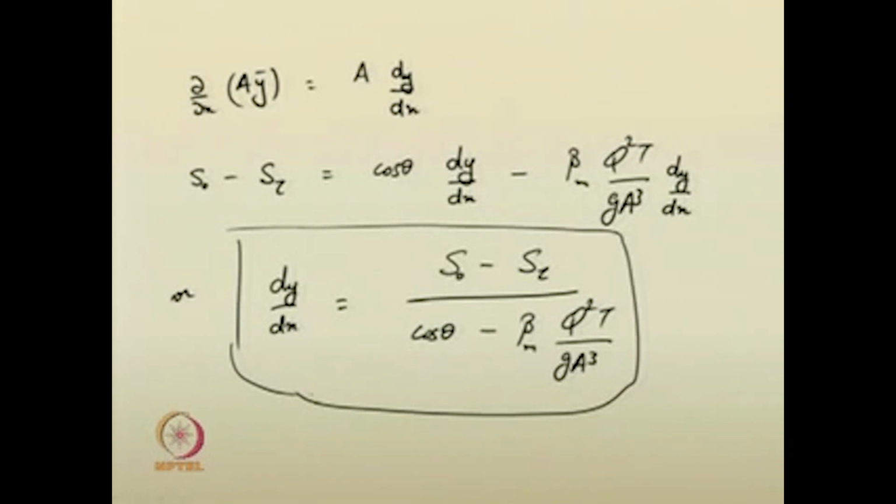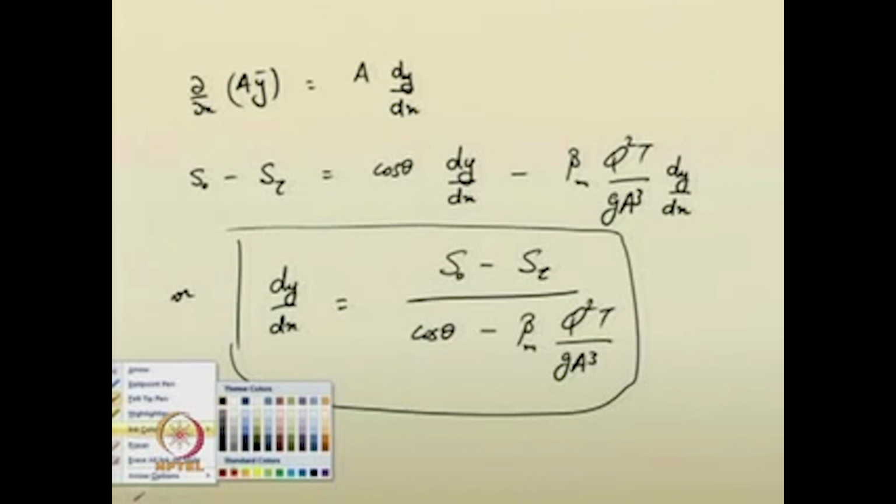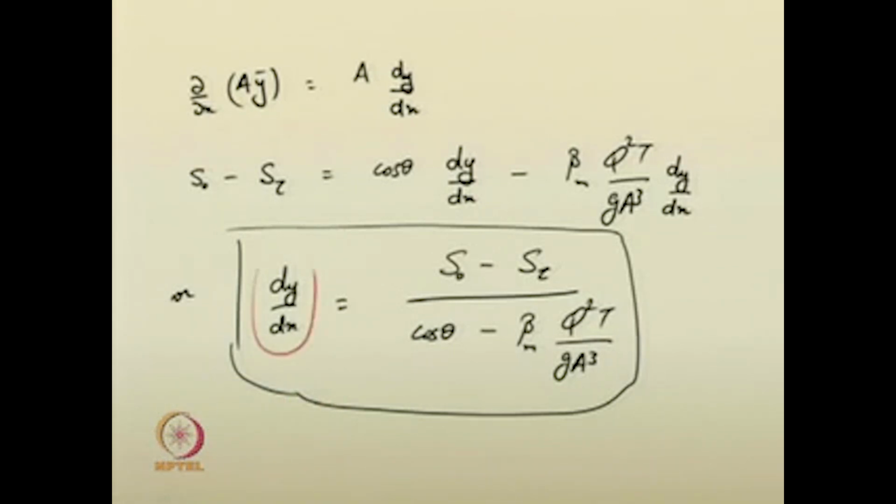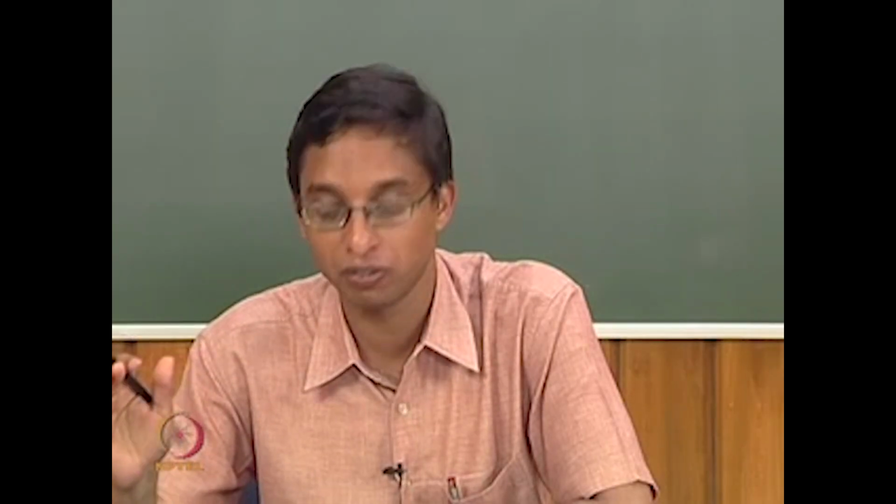What is the physical significance? What did I obtain after all these derivations, whatever we have done here? What is the thing you are obtaining? You are obtaining the quantity, the slope of the water surface. So, please recall gradually varied flow. What is meant by gradually varied flow?